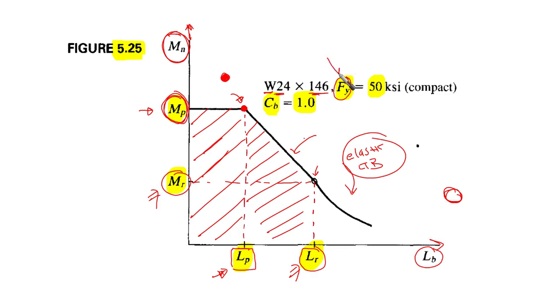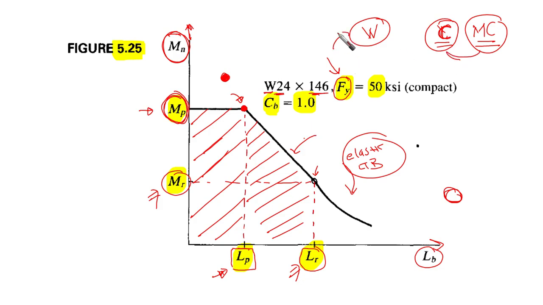These charts are only for wide flange, and you can find them for C and MC, which are the channel and miscellaneous channel curves as well. But we are highly interested in wide flanges, and it is for F yield equal to 50 KSI.